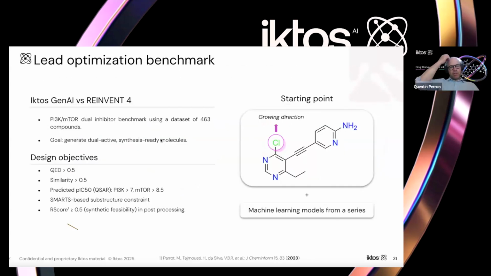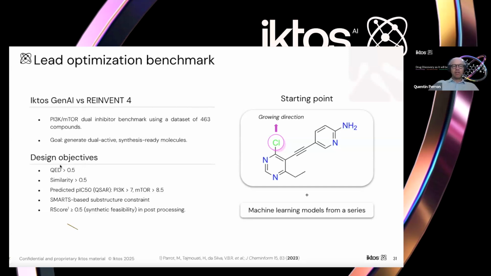Another benchmark, which is also very interesting, is more a lead optimization benchmark. In that case, we use a data set of almost 500 molecules published by Boehringer Ingelheim with molecules tested on PI3K and mTOR. And in that case, we build QSAR models on those objectives, and we try to generate new molecules maximizing those two endpoints simultaneously.